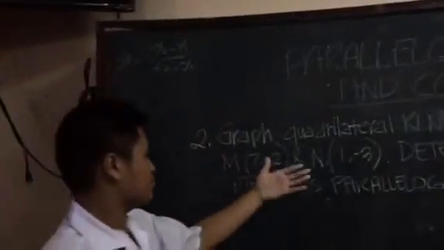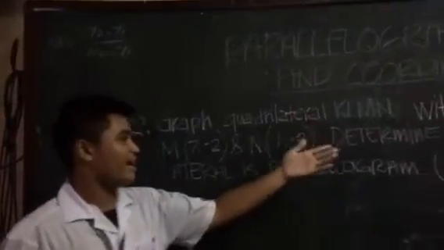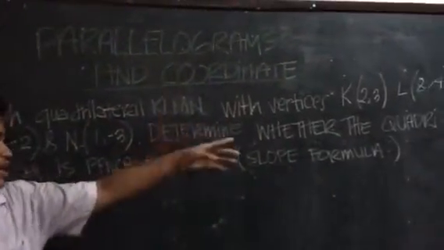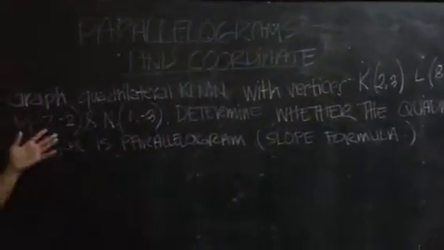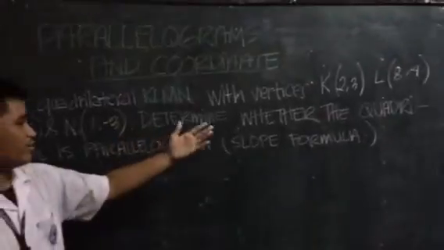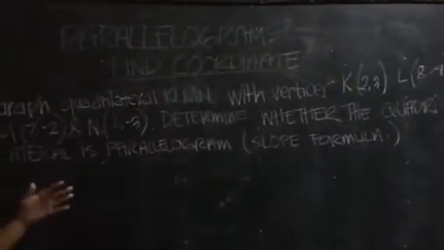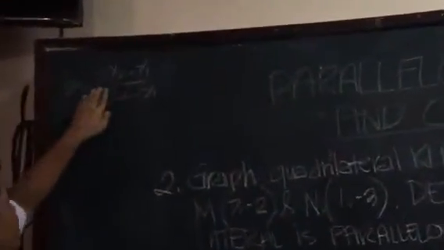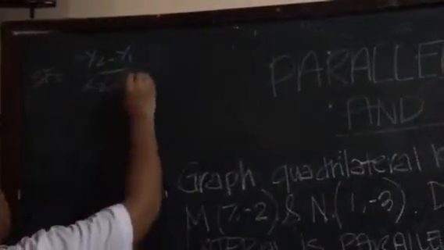My example number 2 is: graph quadrilateral KLMN with vertices K at (2, 3), L at (8, 4), M at (7, -2), and N at (1, -3). Determine whether the quadrilateral is a parallelogram. In this case, we will use the slope formula, which is y sub 2 minus y sub 1 divided by x sub 2 minus x sub 1.